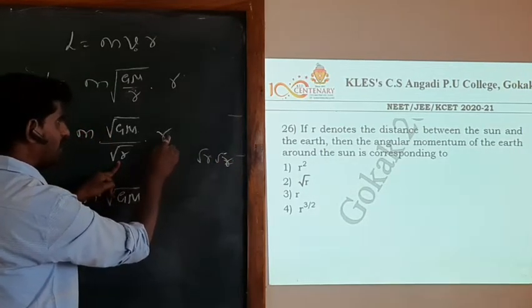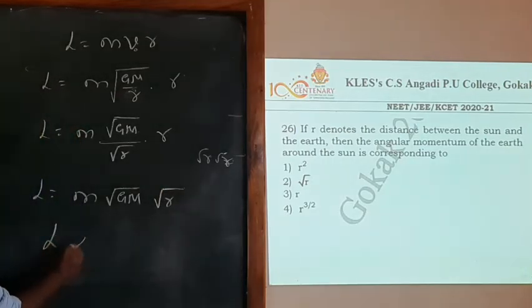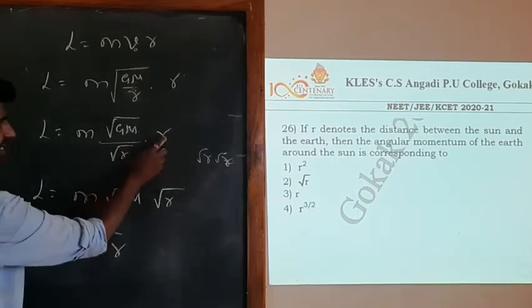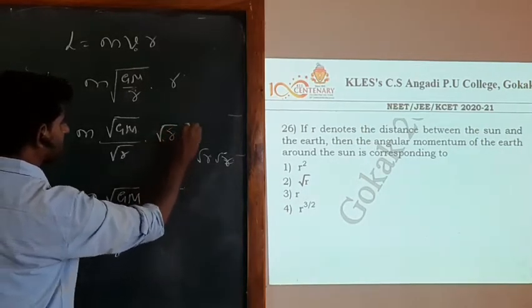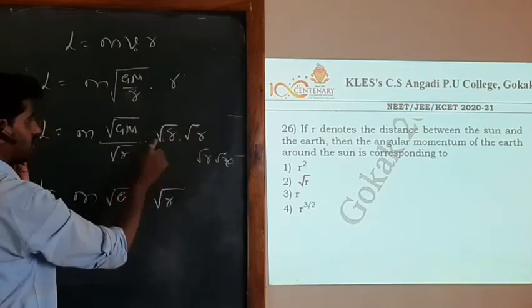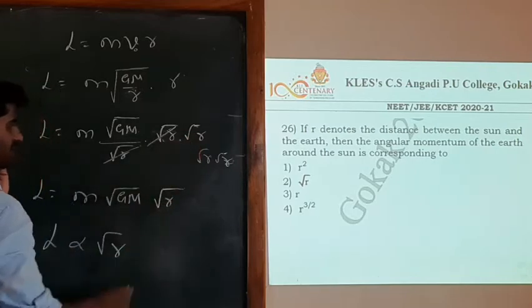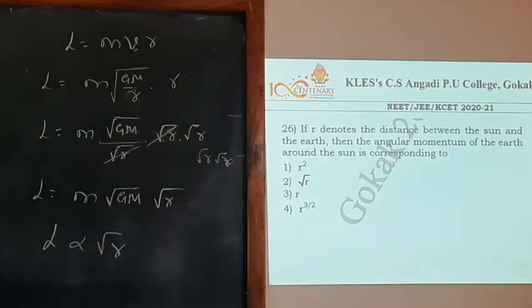Among these two root r, one root r is cancelled and another root r is there. So L is directly proportional to square root of R. Is it clear? If I multiply, the square root cancels and this will be R. So now this R cancels, there will be one root of R. So angular momentum is directly proportional to square root of R.